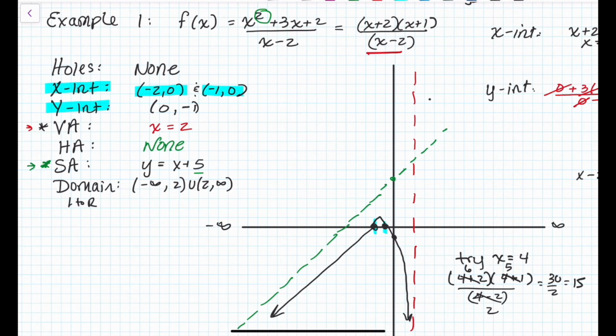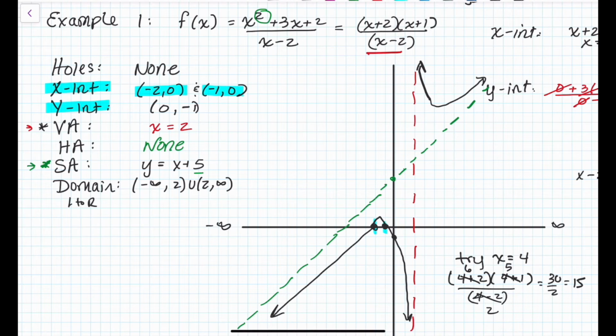And again, I'm not going to be exact because it's such a big number, it kind of goes off my graph. So I just want to show that the graph is in this little area. And again, it'll go close to both the vertical and the slant asymptote.